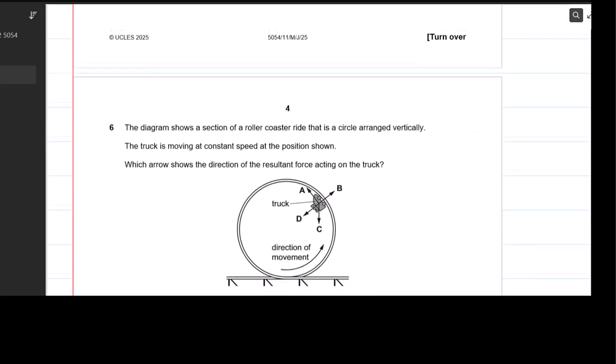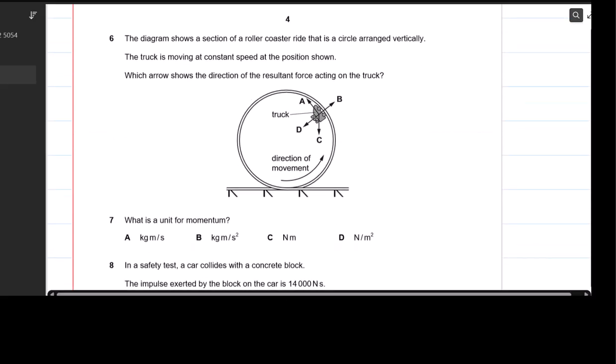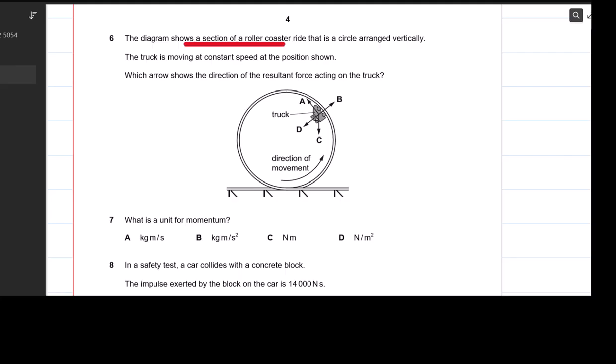So moving to question number 6, the diagram shows a section of a roller coaster ride that is a circle arranged vertically. The truck is moving at constant speed. Which arrow shows the direction of resultant force acting on the truck?